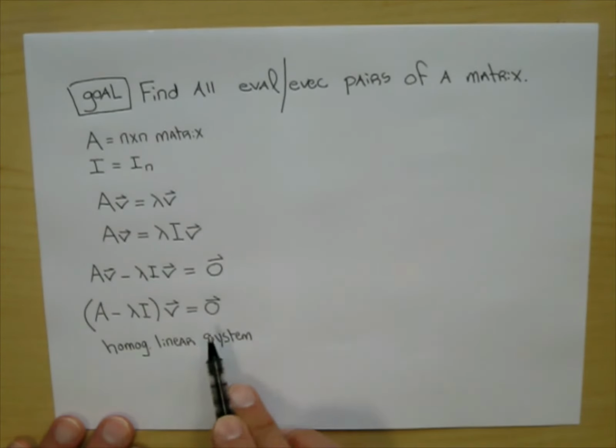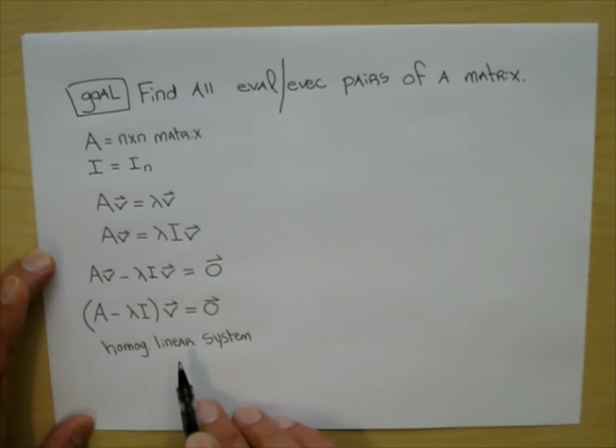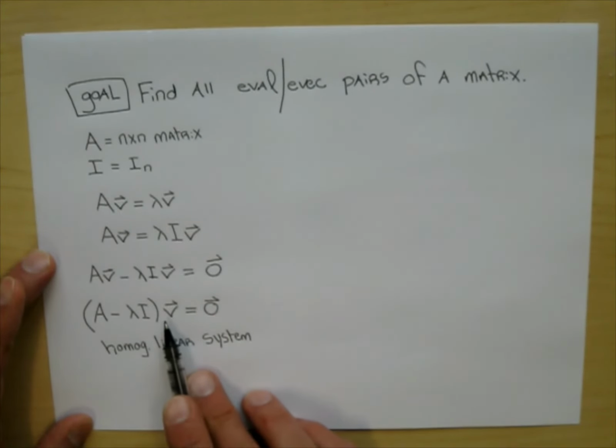So it's homogeneous. Why is it homogeneous? Because there's a 0 there. And it's a linear system. Homogeneous systems will always have at least one solution. They can have one solution or infinitely many solutions. So the one solution that this has is when this vector is the zero vector.